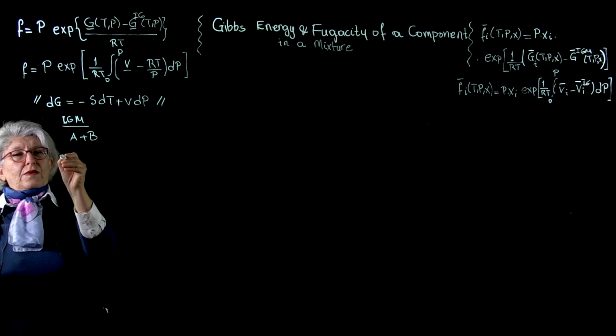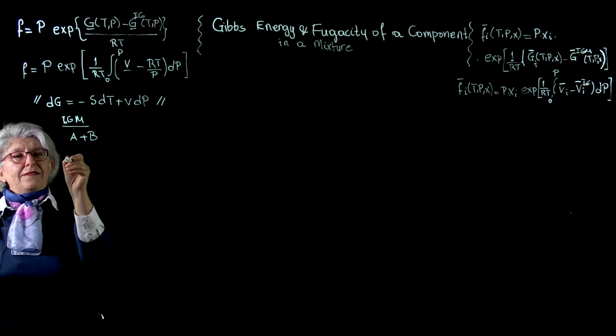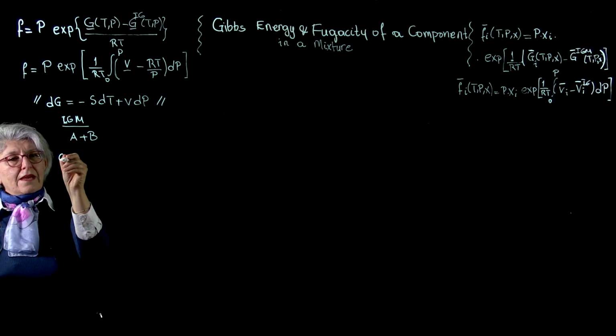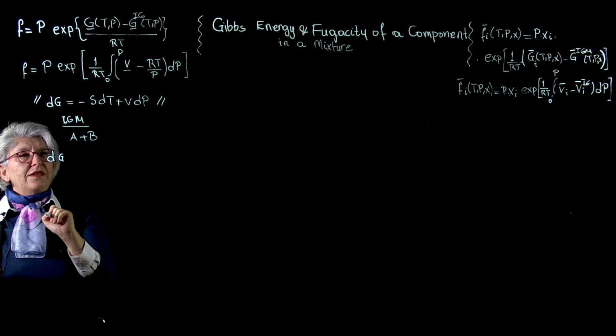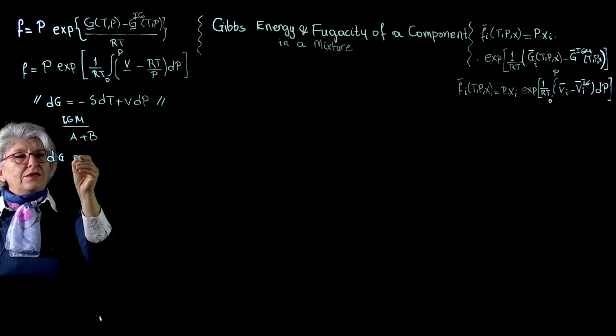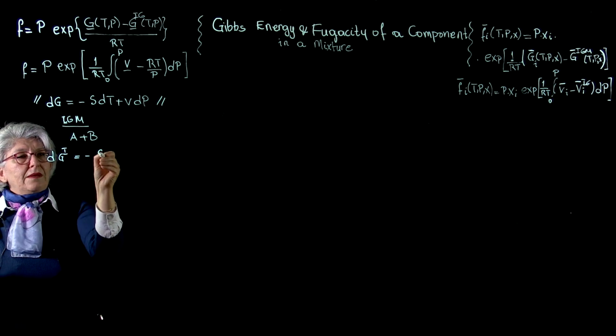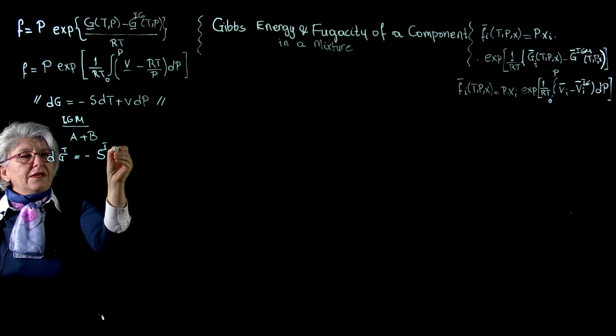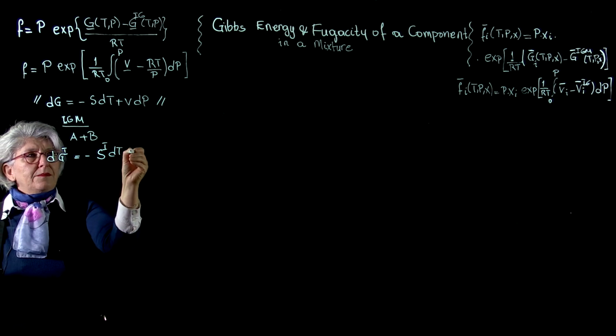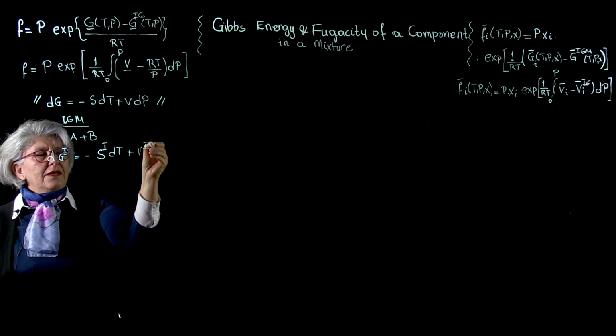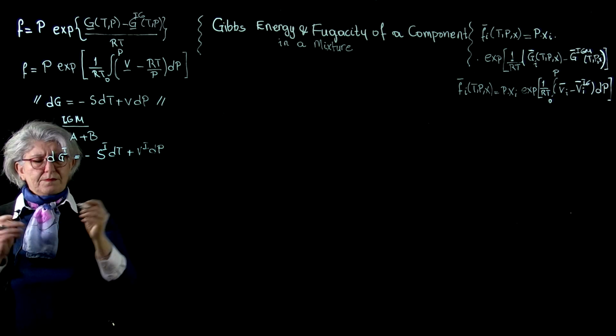So let's start from the Gibbs free energy of component 1. It will be minus S1 dT plus V1 dP.